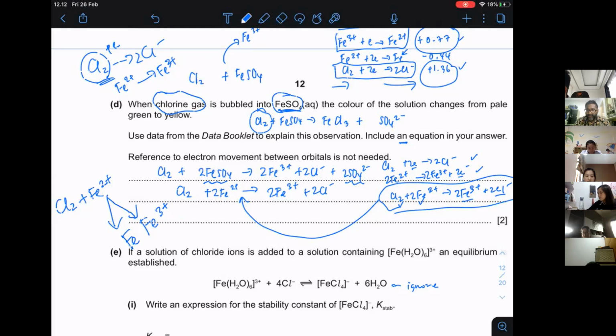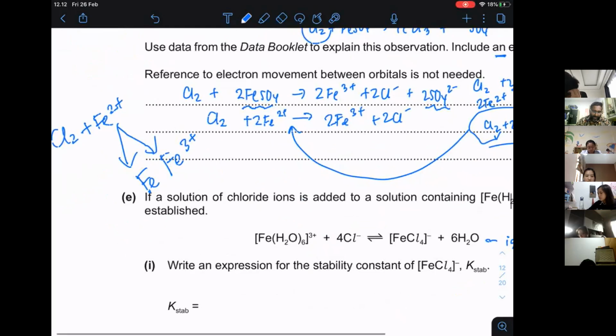But I also need to know that Cl2 must react to give you something. If it is reacting, the only thing that it will give is Cl minus. So Cl minus must be bonded with something. Of course, Cl minus will not be bonded with the solid. That is how I reach the conclusion. It's supposed to be Fe3 plus and the Cl ion.